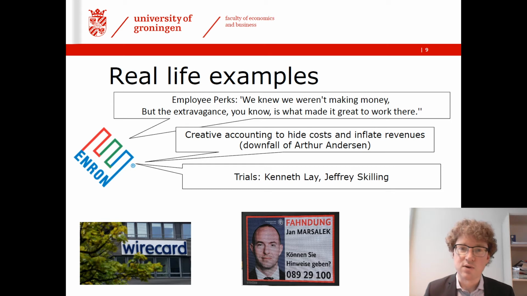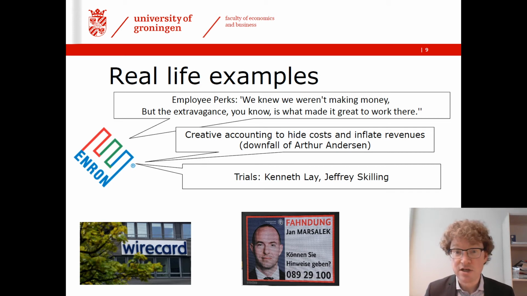And there's this quote here: "We knew we weren't making money, but the extravagance, that is what made it great to work there." So there were, well, magnificent parties, etc., enormous and nice work outings. No amount of money was too big to spend on making life attractive for those who work there.